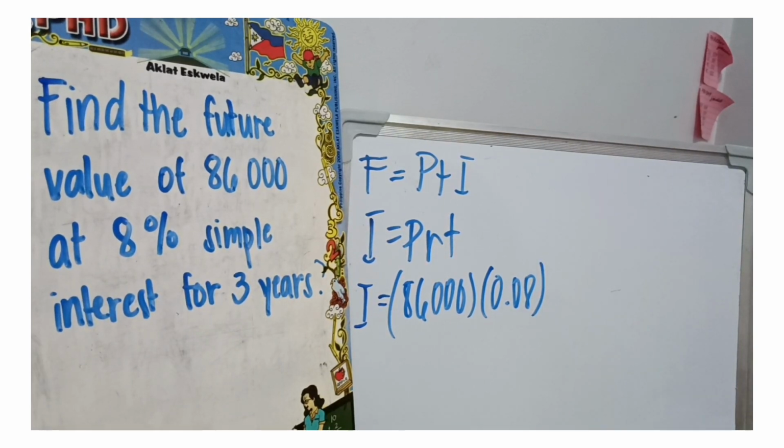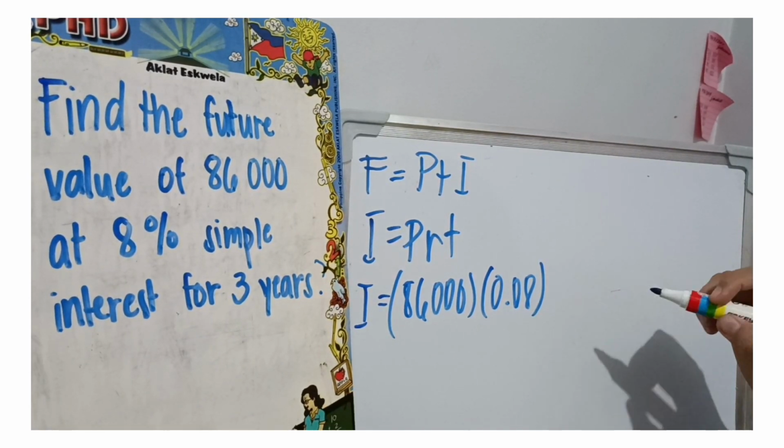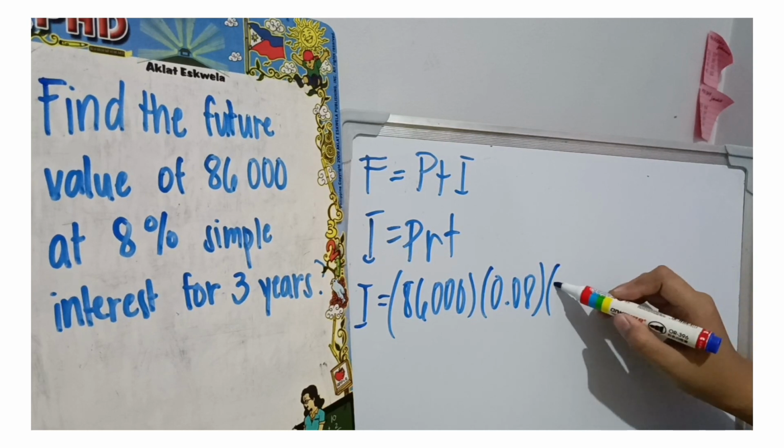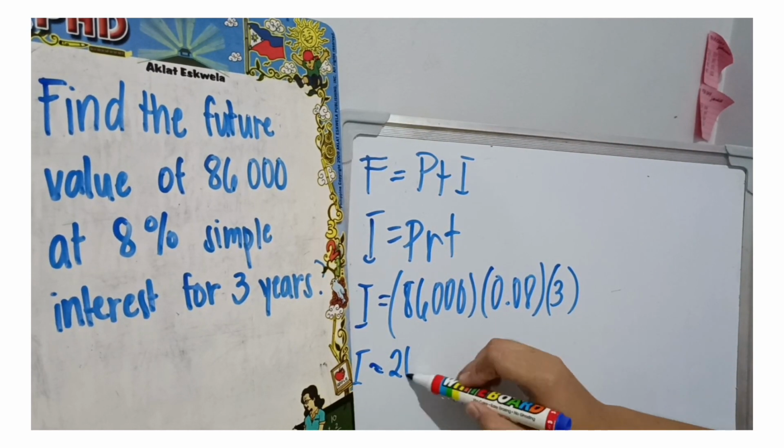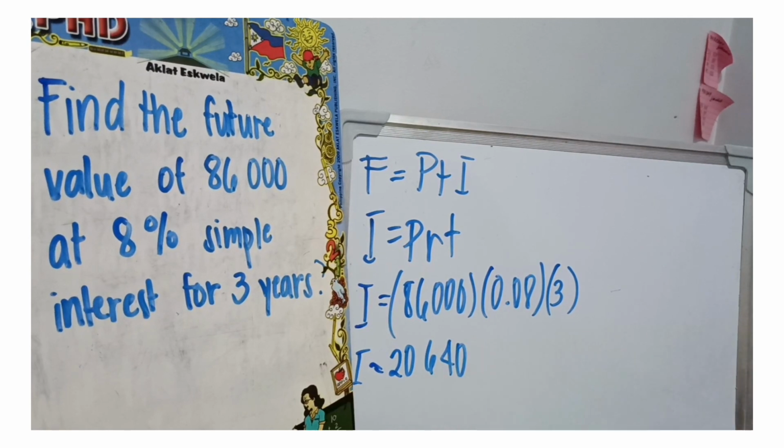And multiply it by time, which is 3 years. So, the answer is 20,640. Now that we have found the interest, we can get the future value.